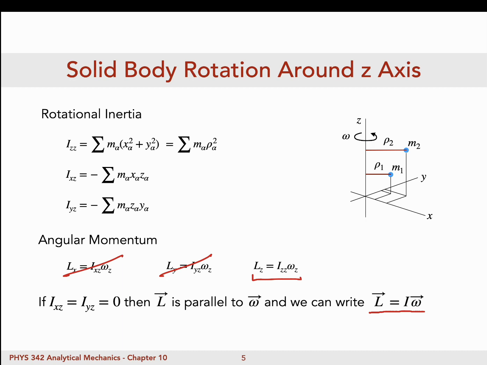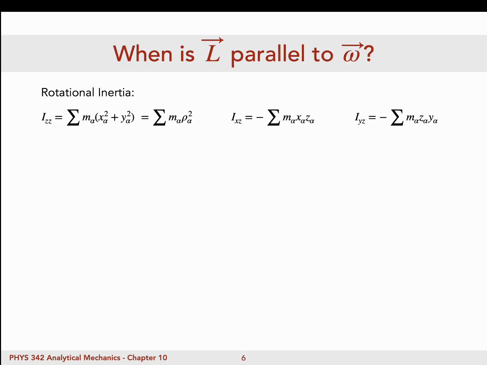So the question is, when do those terms go away? For what kinds of mass distributions do the Ixz and the Iyz terms vanish? In other words, when is the angular momentum vector parallel to the angular velocity vector?